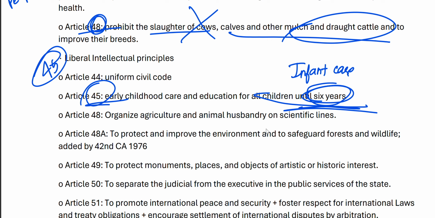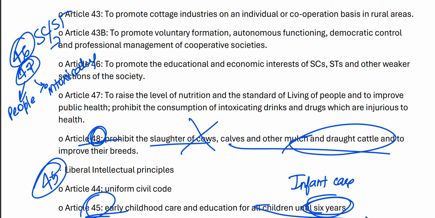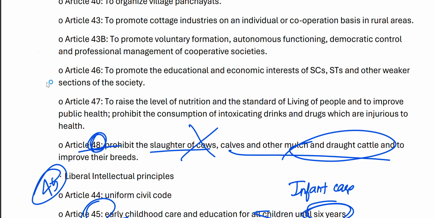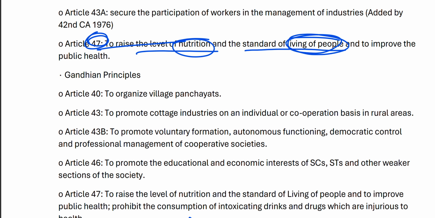Article 46, we studied Article 46, right? Article 46 is related to SC, ST and other weaker sections. Now, 45 again, we didn't see 45 so far.